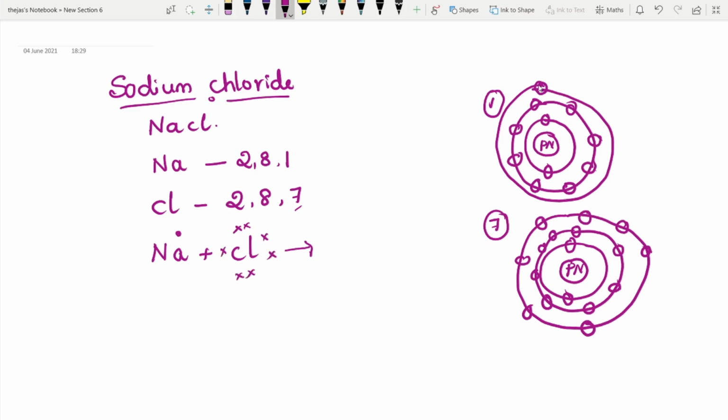As it combines by ionic bonding, it forms NaCl. Here we can see the electrons. The chlorine has 7 electrons and it combines with the sodium electron and forms the octet rule. As we know, here the outermost shell completes by getting the electron from sodium.